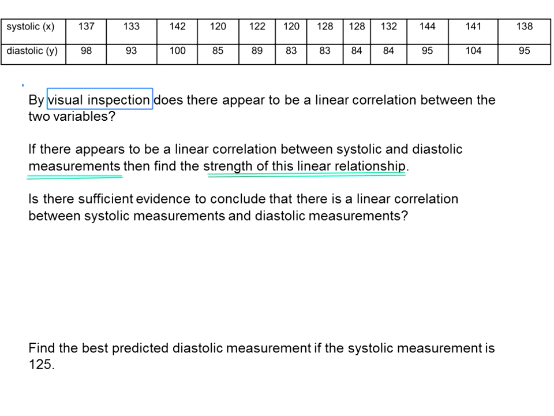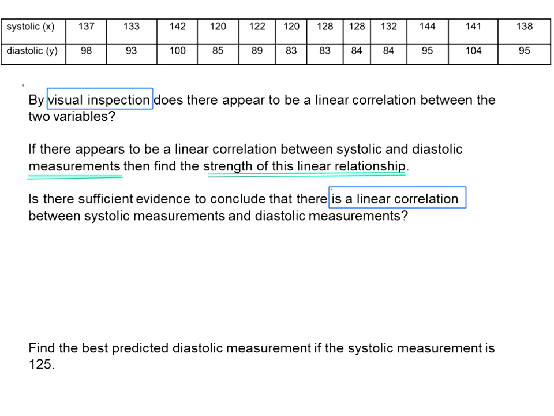And then the third question says, is there a linear correlation? So we want to see if there's a linear correlation. And so that was a formal hypothesis test. Okay, so is there a linear correlation between the two variables?